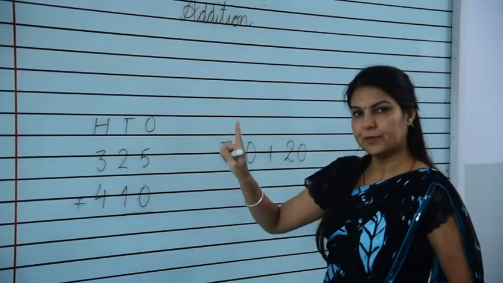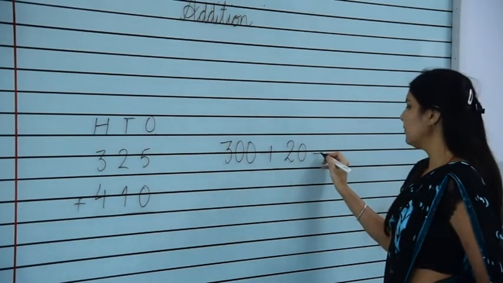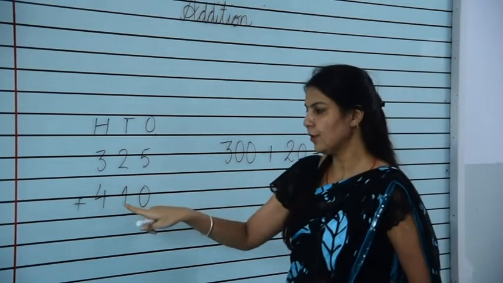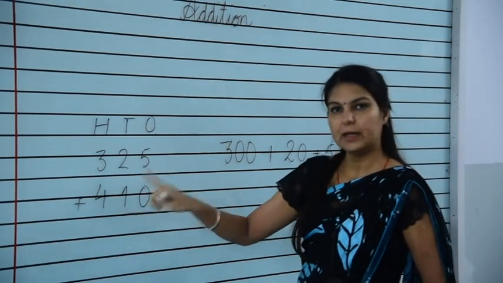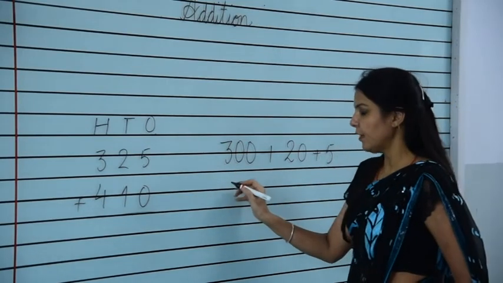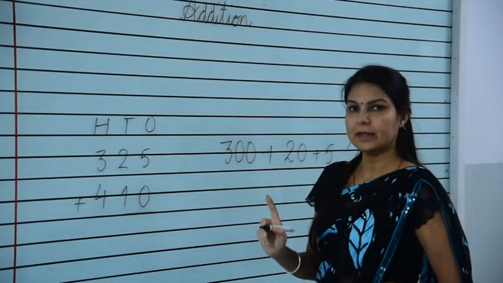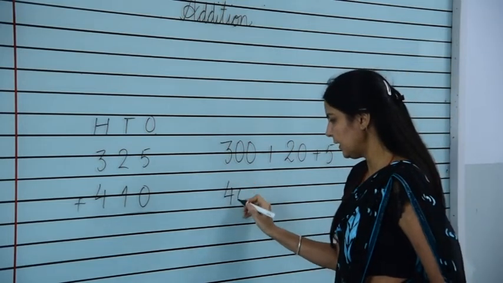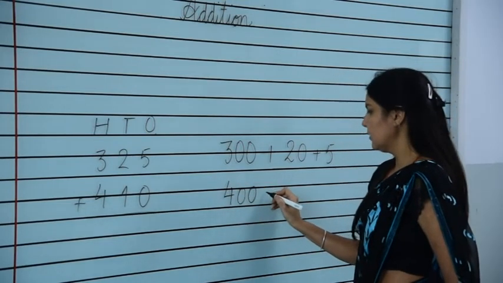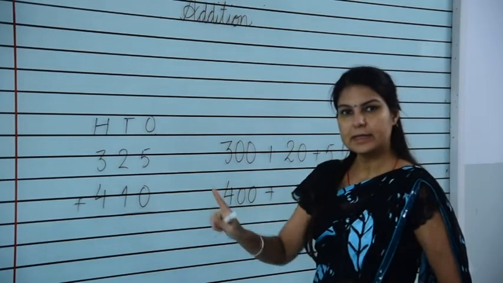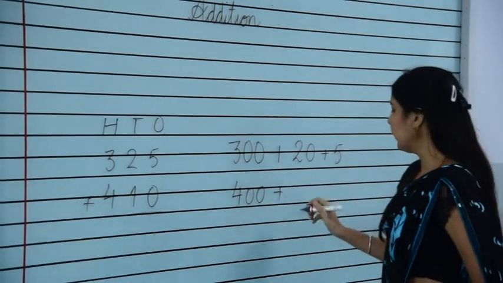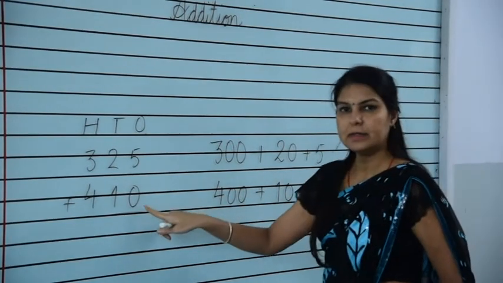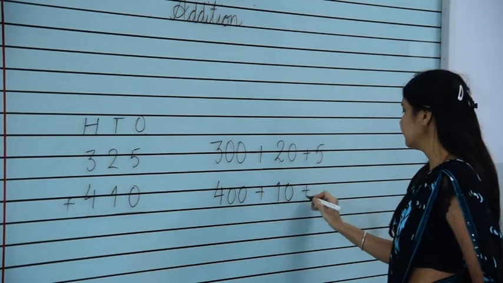And this is at ones place, so we will write 5 as it is. Now in the second number 410, 4 is at hundreds place, so we will write 400. Here 1 is at tens place, so we will write 10, and we will write 0 as it is.